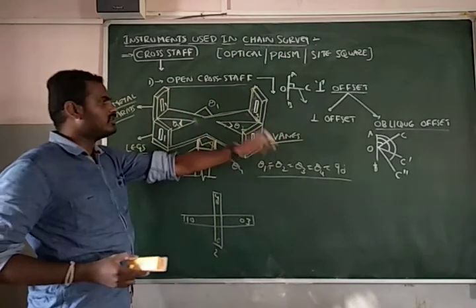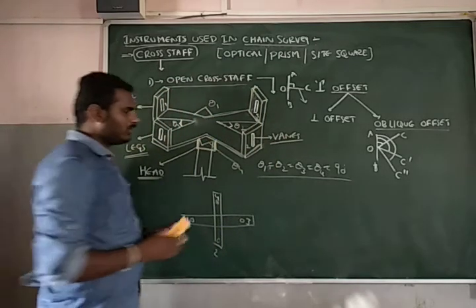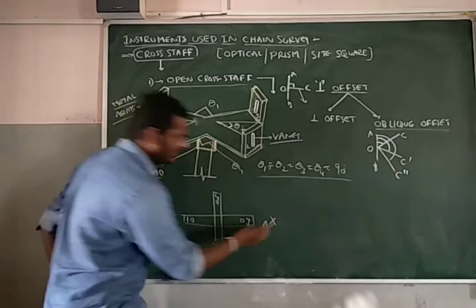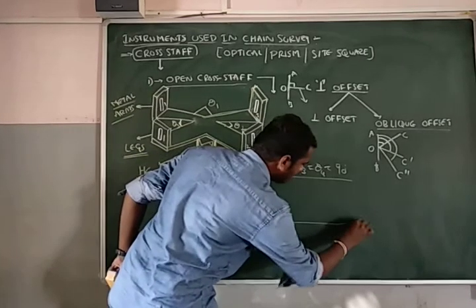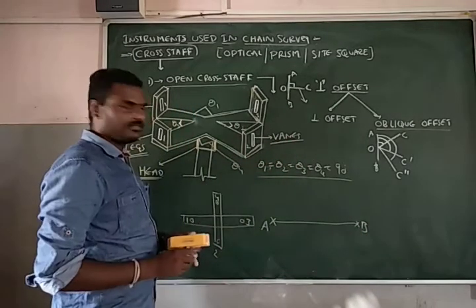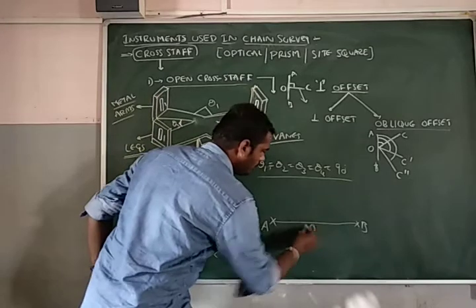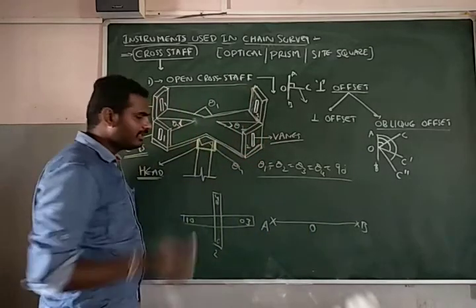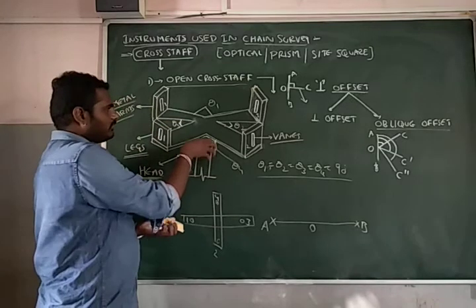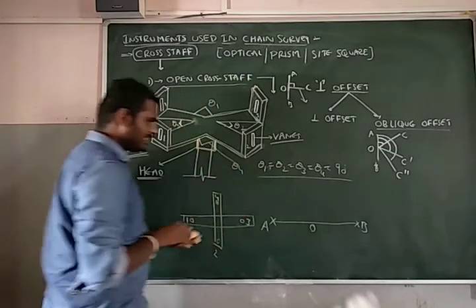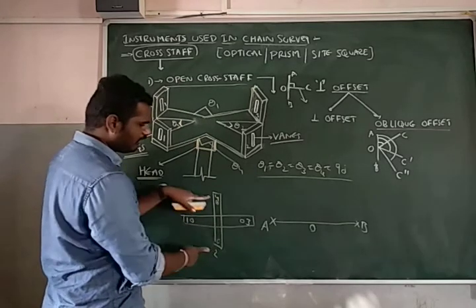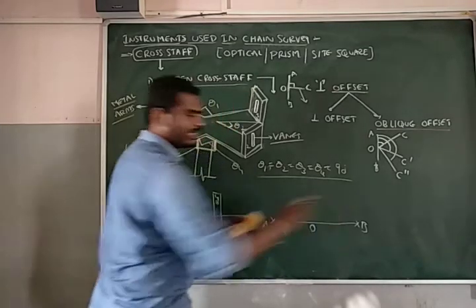V-A-N-E-S, vanes. Now, suppose I have a line in which A is my station and B is another station. I want to erect a perpendicular from this at some point. In that scenario, we need to fix this open cross staff there such that two opposite vanes lie on the same line.